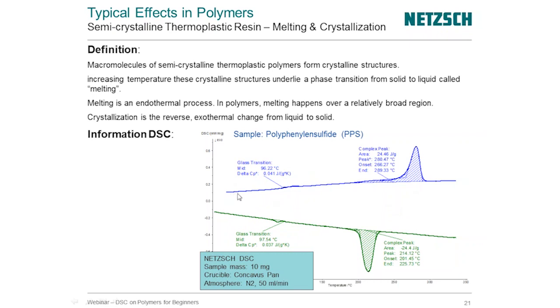As we heat the material, similar to the previous example for polycarbonate, we've got a glass transition where it goes from a rigid to a more pliable state, and then we take the material through the melting point. If we look at the cooling curve, we see the recrystallization, where those molecules start to reorient themselves into a crystal structure. And again, the same glass transition down below, but this time going from the softer state to the harder state.